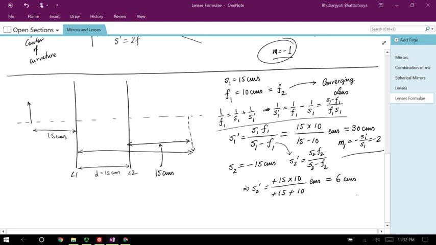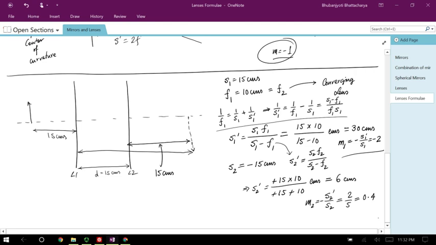Okay, so S2 prime is 6 centimeters, S2 is negative 15 centimeters, then M2, which is equal to S2 prime over S2 with a negative sign in front, is going to give us negative 6 over negative 15. So that's going to be positive 6 over 15 or positive 2 over 5, which is equal to 0.4.